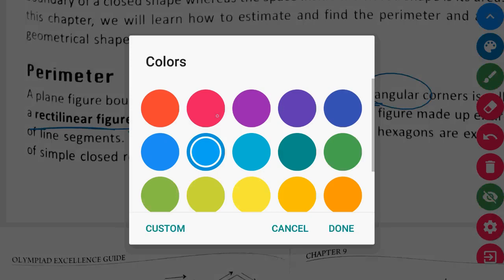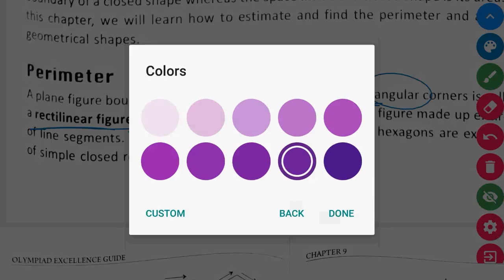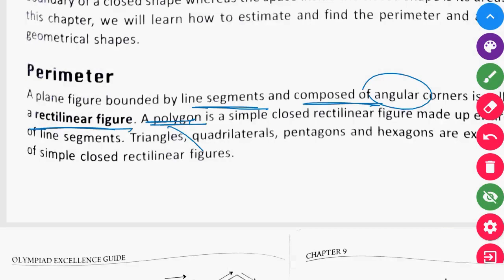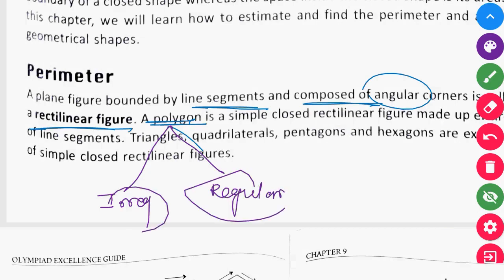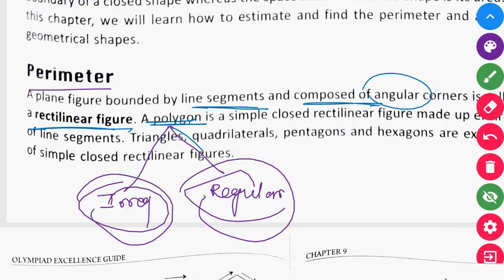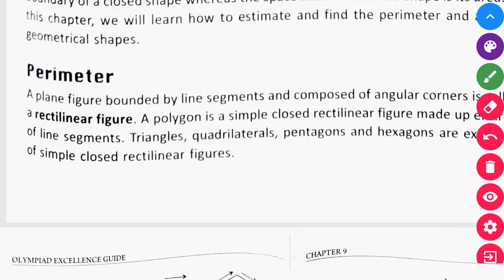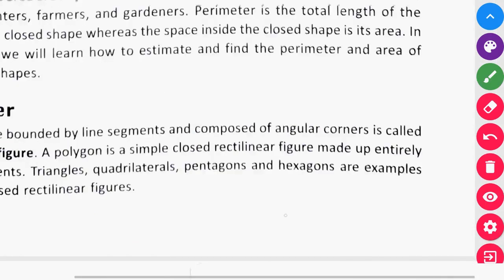Polygon has a wide range from triangle to septagon, octagon. Okay. And about the polygon, we learn one more thing, that some polygons are irregular and some polygons are regular ones. Okay. So here for perimeter, we consider both irregular and regular figures also.